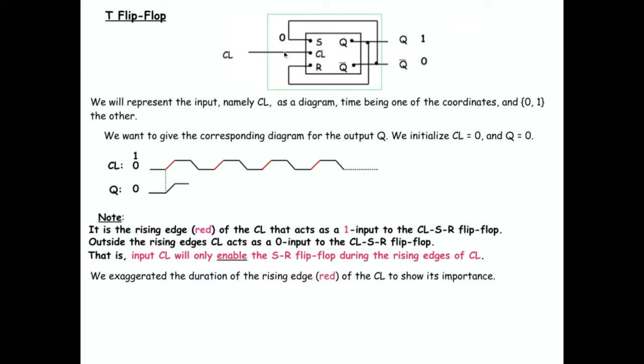So when we sent the 1 signal in here, the 0 from Q went to R, and the 1 from Q prime went to set, and that set Q to 1 and Q prime to 0, right?